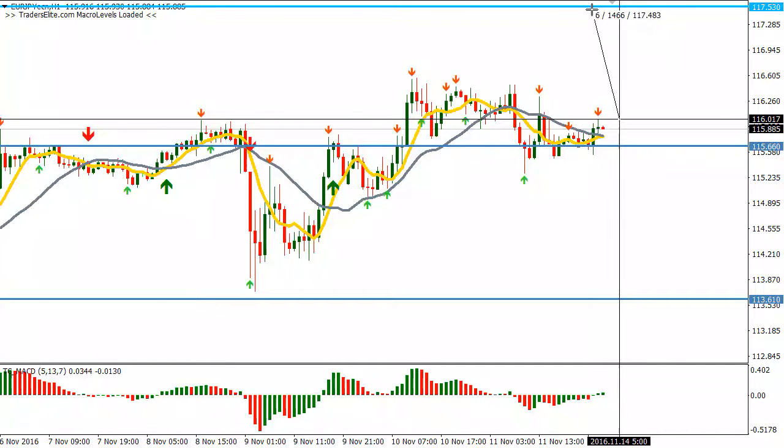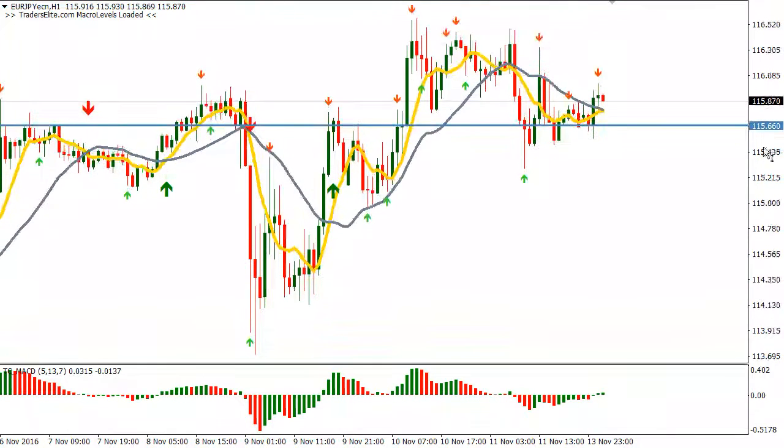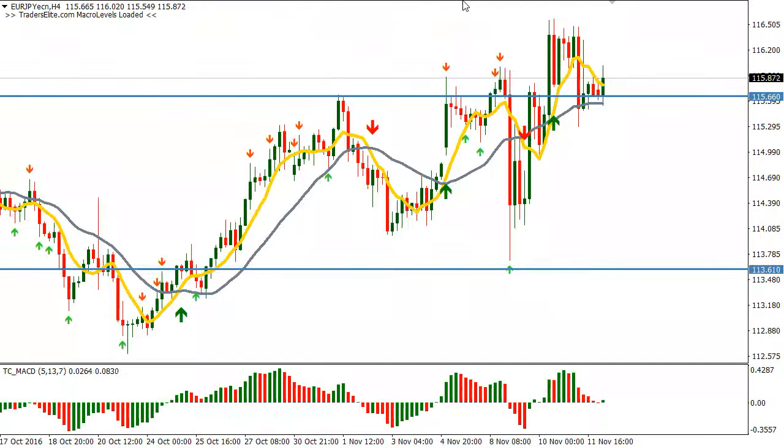And we've got just under 150 pips to the next macro level at 117.53. So, if your risk is 50 pips and your reward is 150 pips, that means there's a 1 to 3 risk reward ratio. In other words, your reward is 3 times bigger than your risk. And that's always good. You really need to look at that on every single trade that you look at.